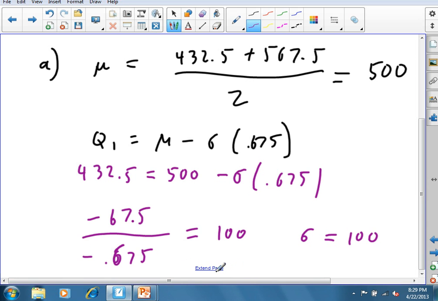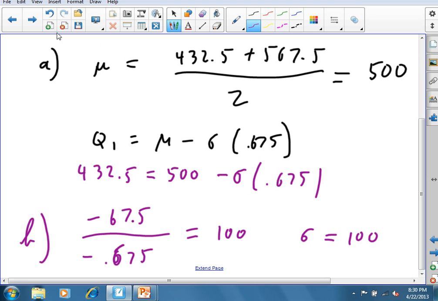I agree. What? Got a question? Isn't the standard deviation negative though? No. Since there's a minus there? No, standard deviation is never minus. Even if the data set was only negative numbers, the standard deviation would still have to be positive.